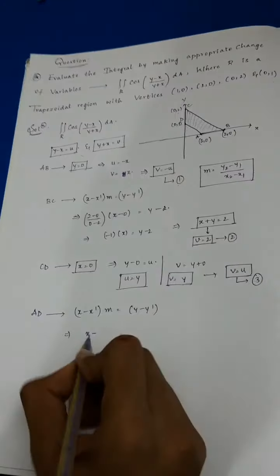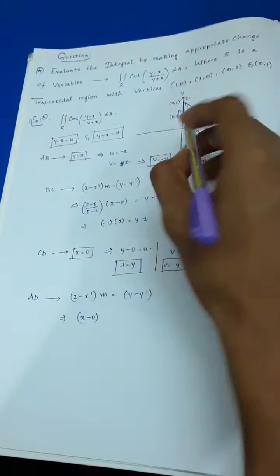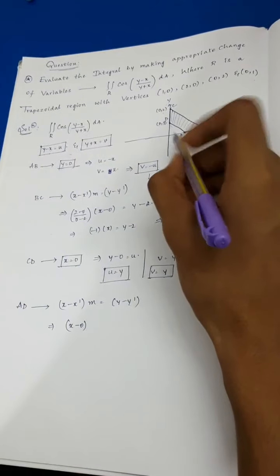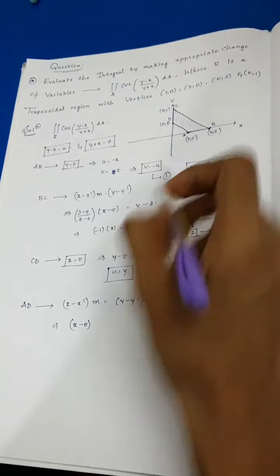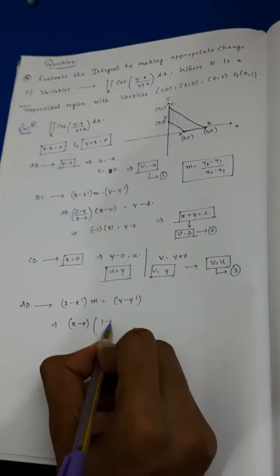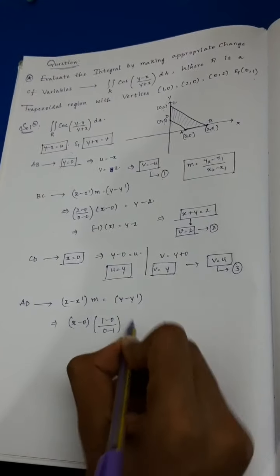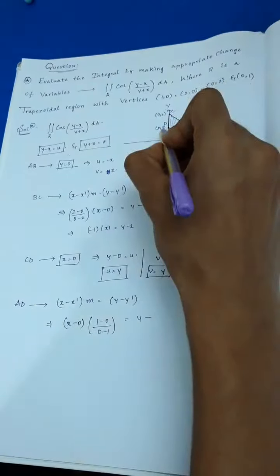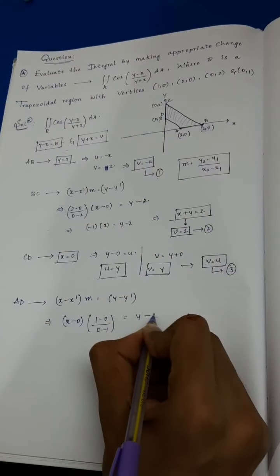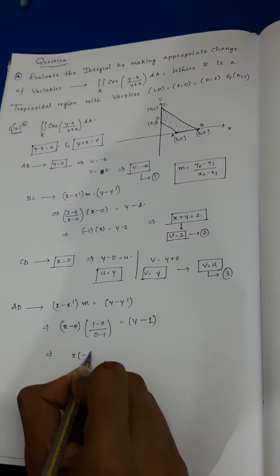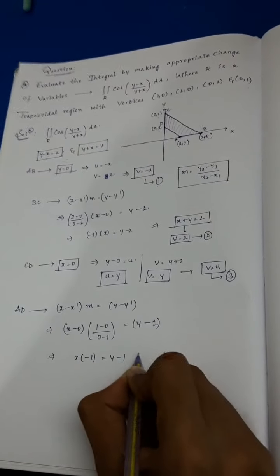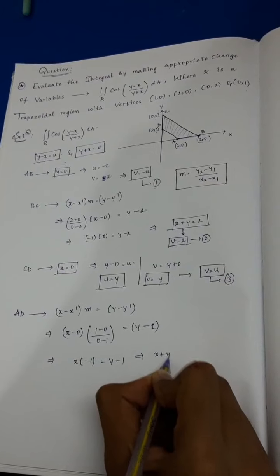M is the slope, which is (y2 minus y1)/(x2 minus x1), which would be (1 minus 0)/(0 minus 1), equals minus 1. So by evaluating this, we get x times minus 1 equals y minus 1. So this would be x plus y equals 1.